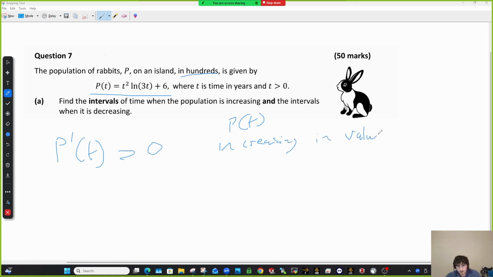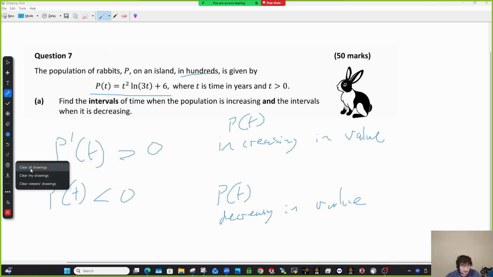Okay, and if you didn't know that, make a flashcard on it. And the same here, when p dash t, your derivative, is less than 0, the original function p of t is decreasing in value. All right, so make a flashcard on that, and of course go back to the textbook to have a glance at that yourselves.